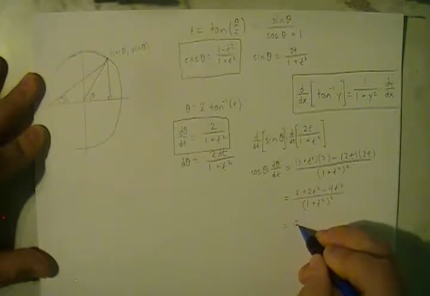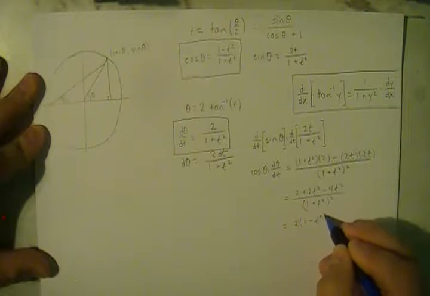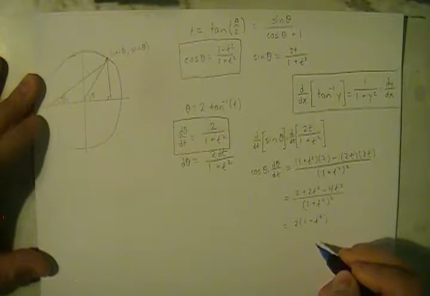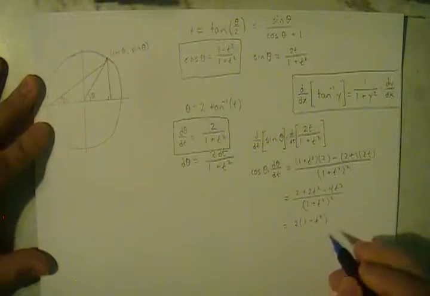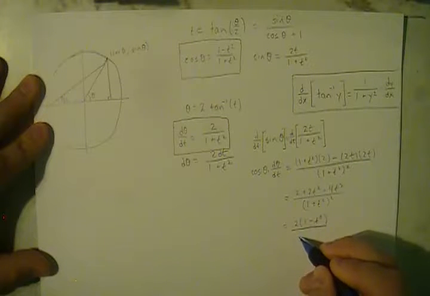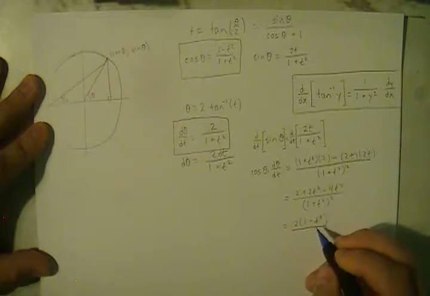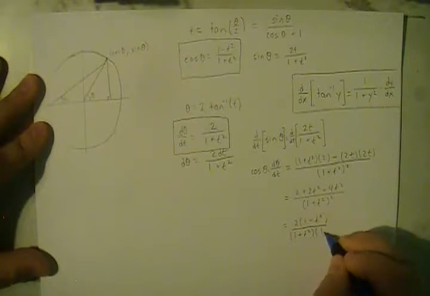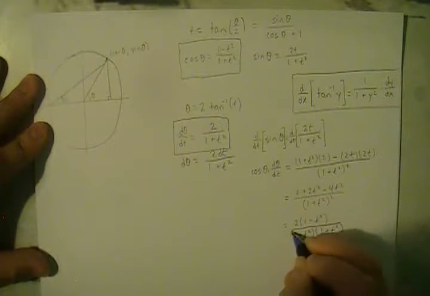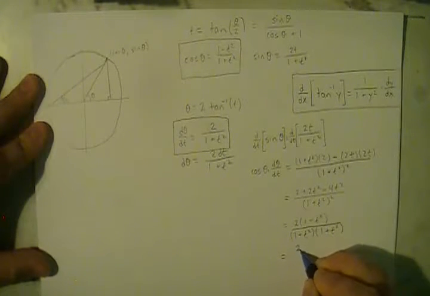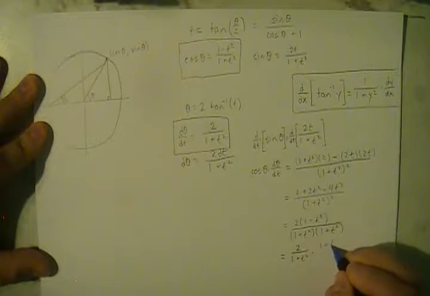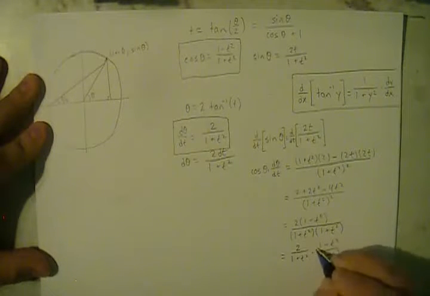And this is 2 times 1 minus t squared divided by 1 plus t squared. Okay, perfect. So now I can see that this is just 2 divided by 1 plus t squared times 1 minus t squared divided by 1 plus t squared.